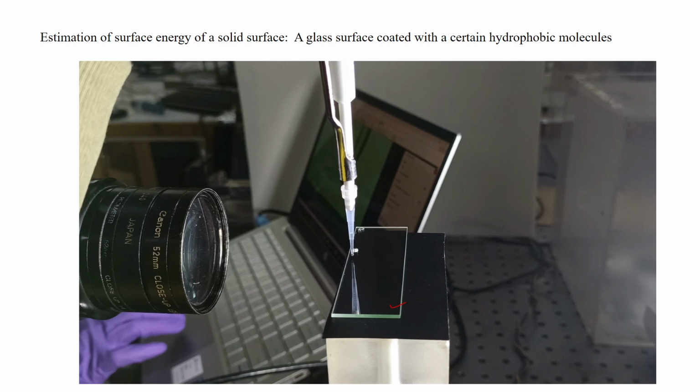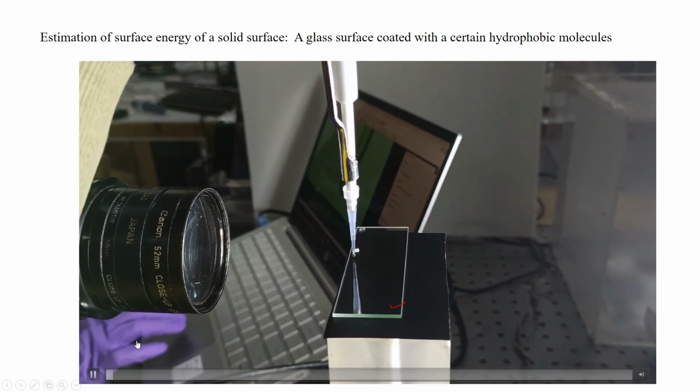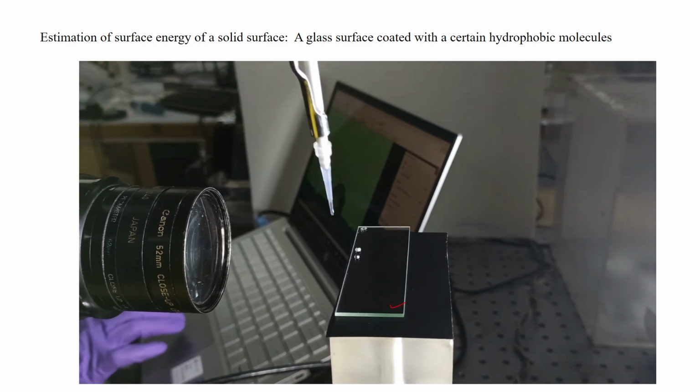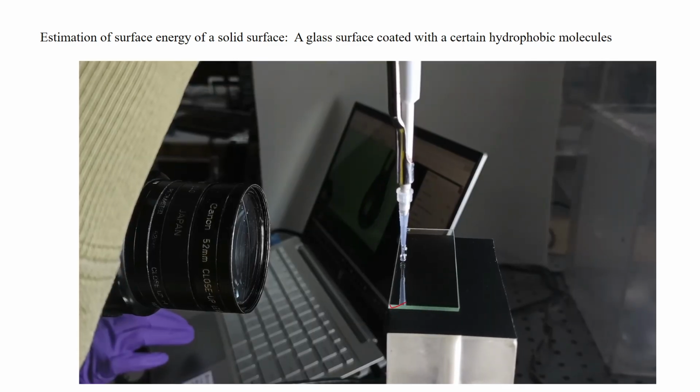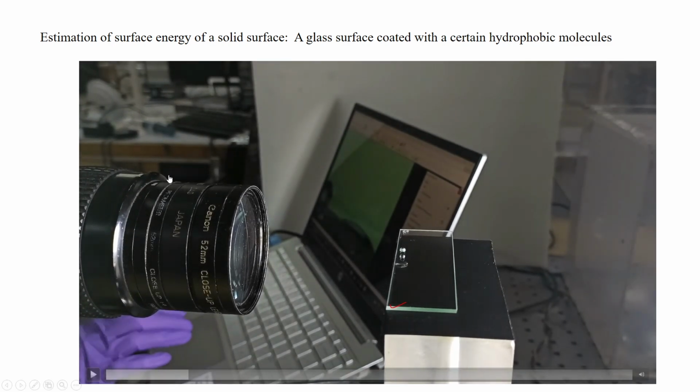By using this micropipette, the drop is dispensed. A drop of water is dispensed first, and then there is another drop of a different liquid. In order to find out the surface energy, you need 2 different liquids. This is all done on an optical table, so that there is no vibration. The vibration that you are seeing is because the camera is handheld.